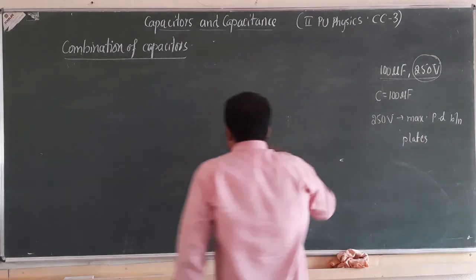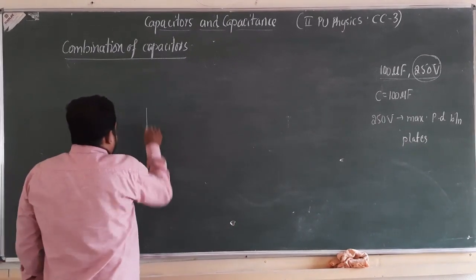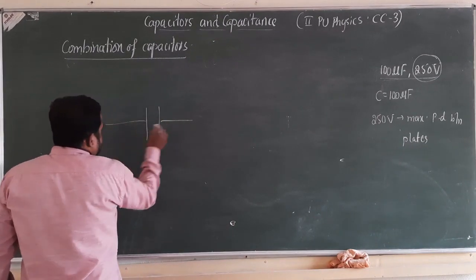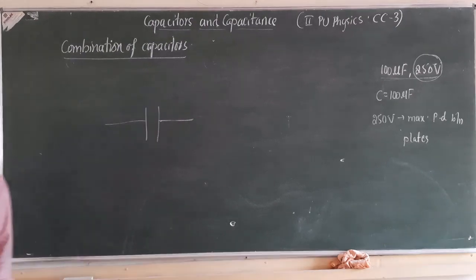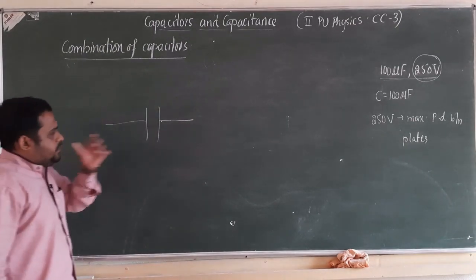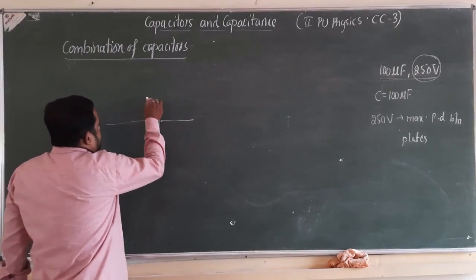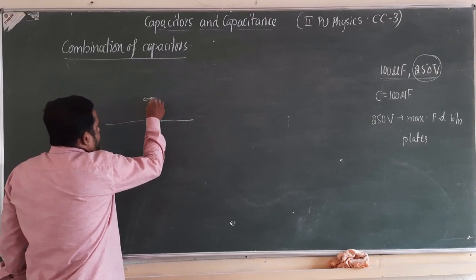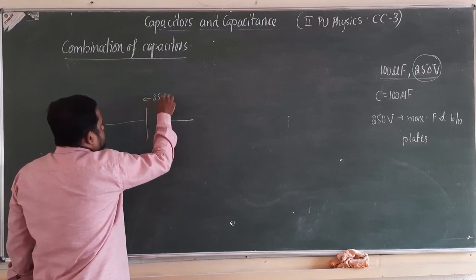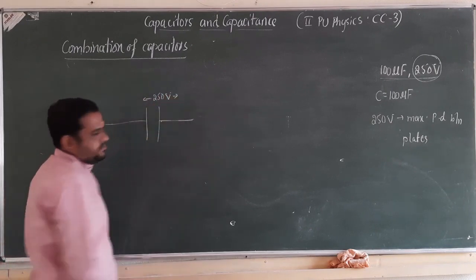That means you can use that capacitor in an electronic circuit up to a particular limit. You can increase the potential difference between the plates up to 250 volt.